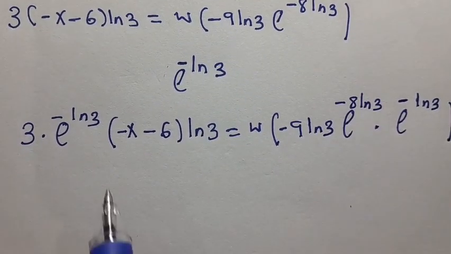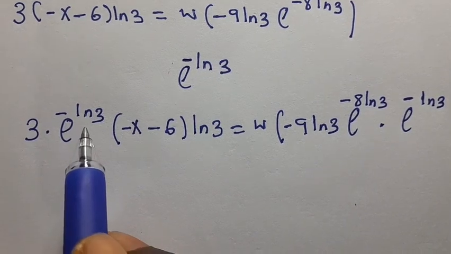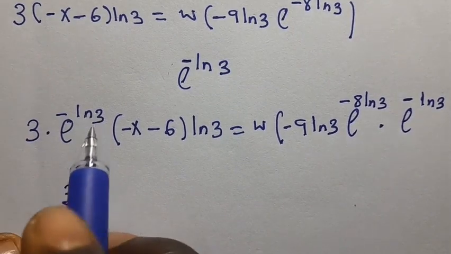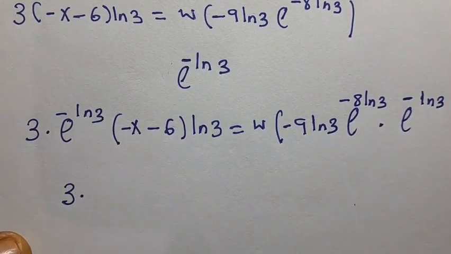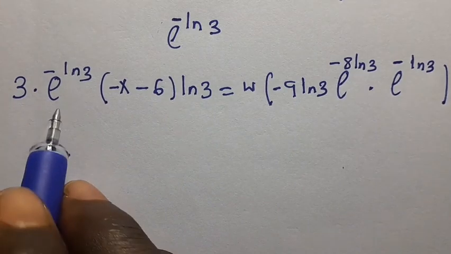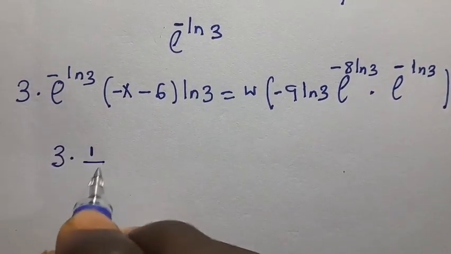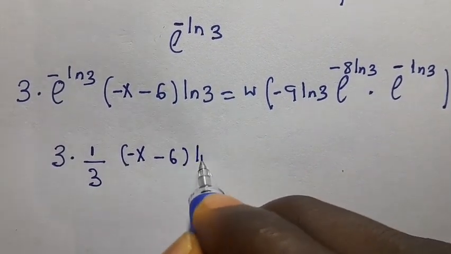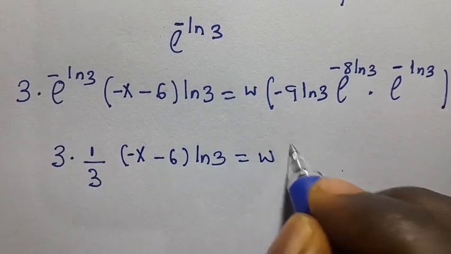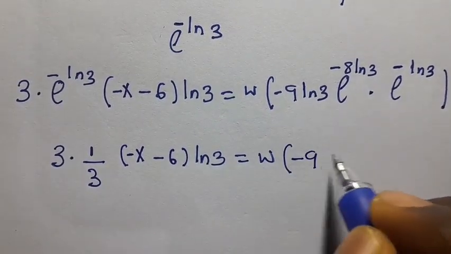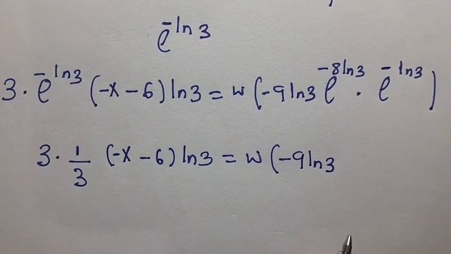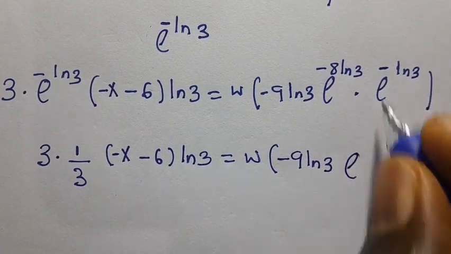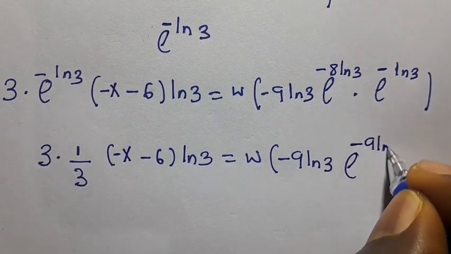And so therefore from here, we believe that 3 multiplied by this one will also be equals, so this one will now be equals 1 divided by 3 minus x minus 6 ln 3 to be equals, this one will now be minus 9 ln 3. And likewise from here, we are going to have exponential minus 9 ln 3.